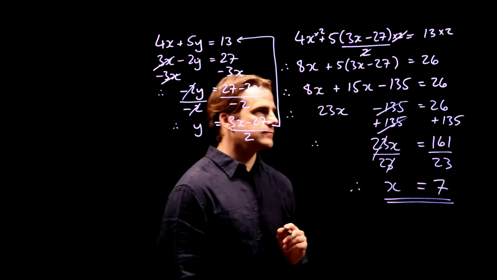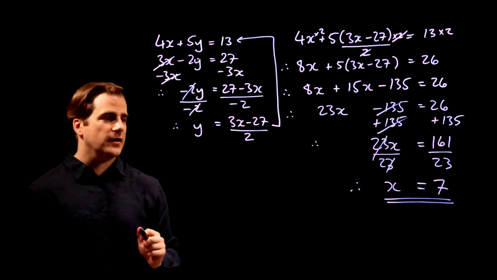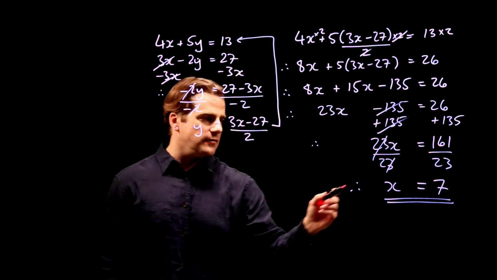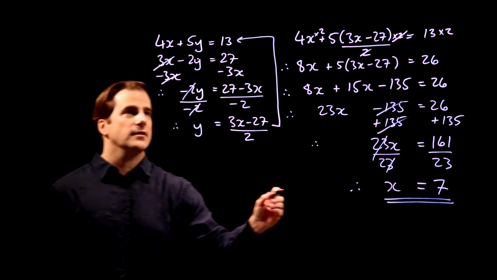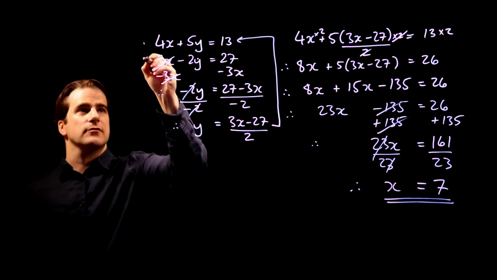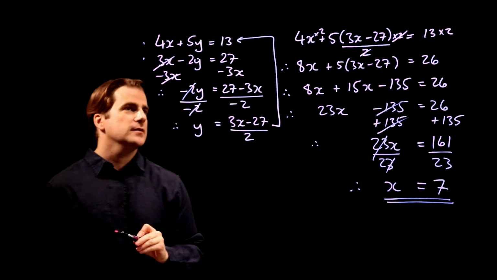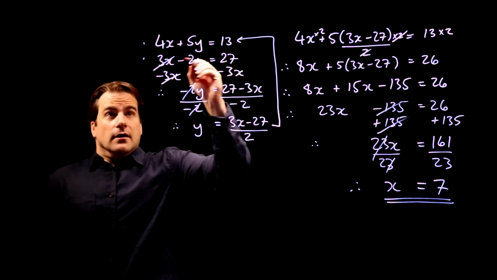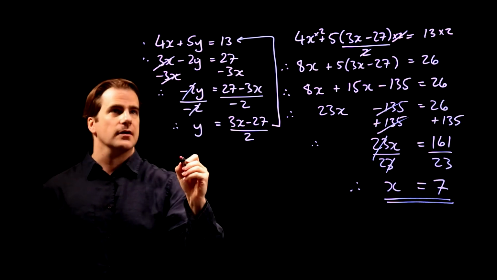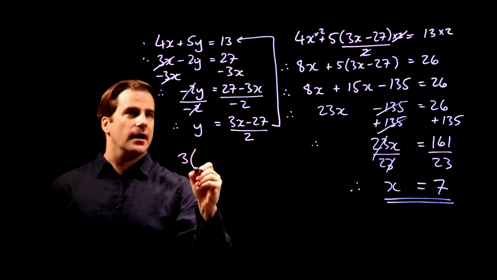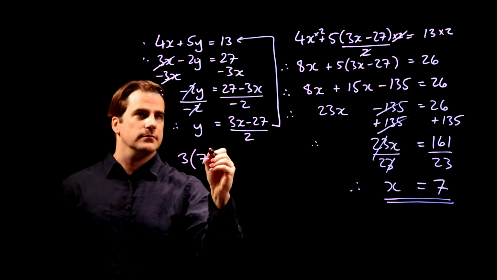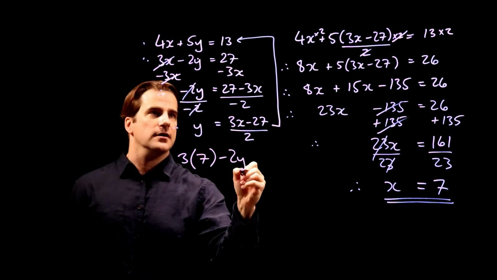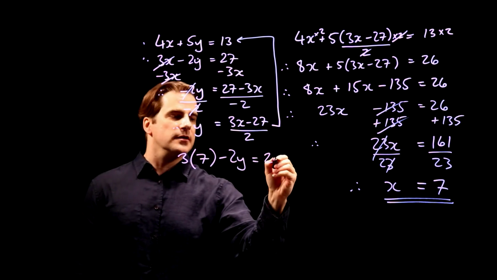Hooray! So we've got x. Now we need to find y. And to do that, you take that value x and you can sub it back into either of your original equations. Doesn't matter. Let's put it back into this one. So 3x, which is 7, minus 2y equals 27.